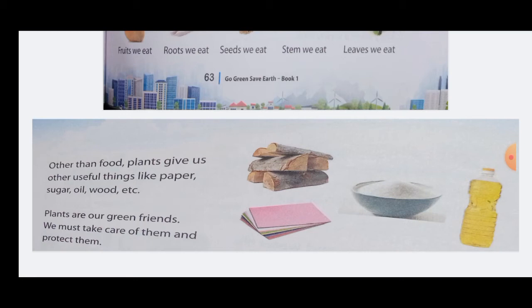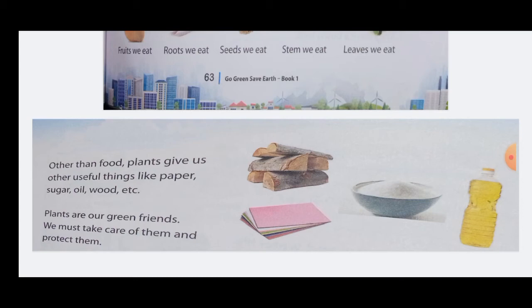Plants give us useful things like medicine. Plants like neem, tulsi, mint and amla give us medicines. These plants are called medicinal plants. Next, perfume, soap and toothpaste.